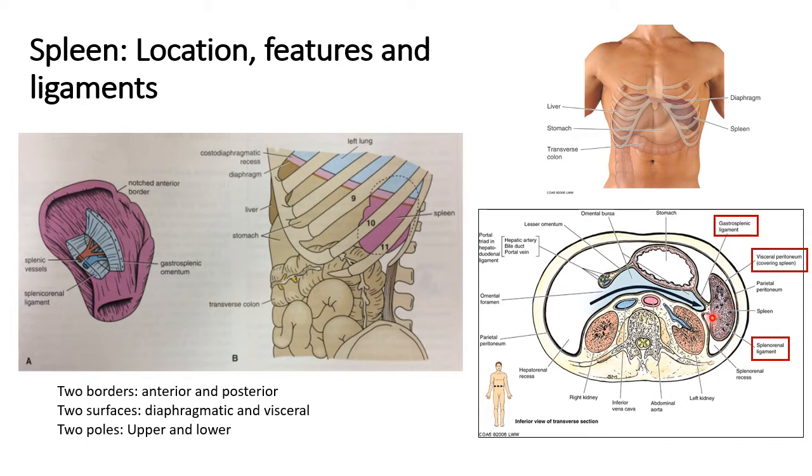It has two ligaments, one of them connecting the spleen to the stomach, and we call it the gastrosplenic ligament, and the other one connecting the spleen to the kidney, and we call it the splenorenal ligament. So two ligaments and the visceral peritoneum, which covers the spleen, and that's why it's an intraperitoneal structure.